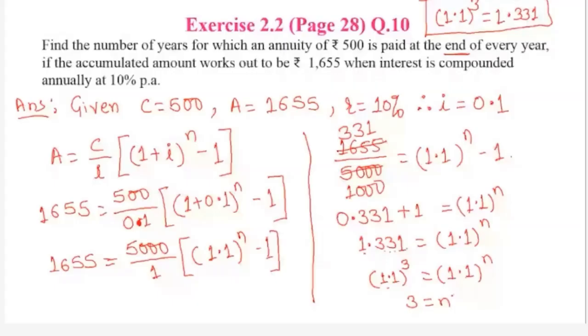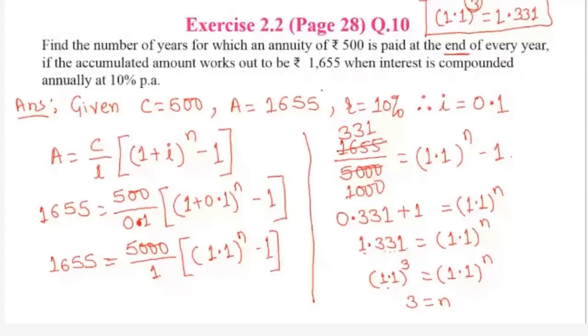Now, the chances of them asking for the number of years like this are very less. This type of question they will not ask, because if they give it to you from here itself, you know the answer should be 3. N is 3. So chances are less. How can this be asked?